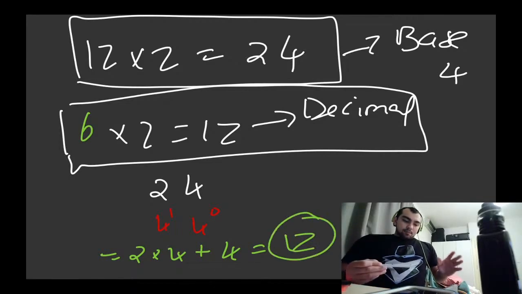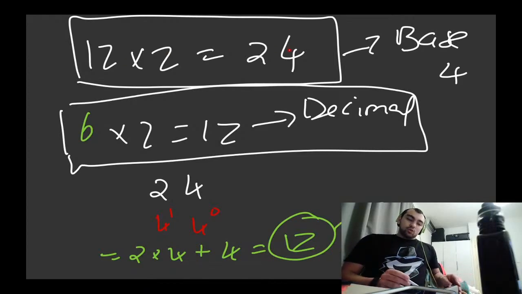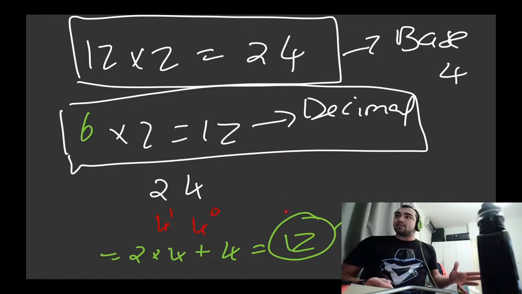So at this point, you realize that it's the same thing. 12 times 2 equals 24 in base 4, and 6 times 2 equals 12 in decimal. The mathematical relationship is preserved. You can do mathematics in all kinds of bases, and the answer is the same across all bases. You just have to convert the numbers to those bases.